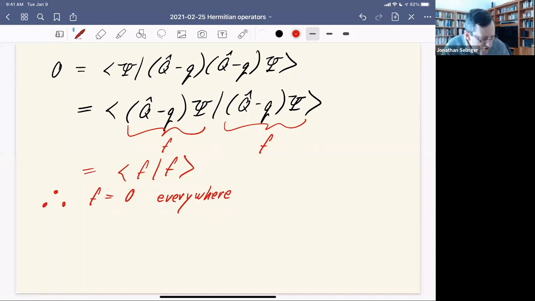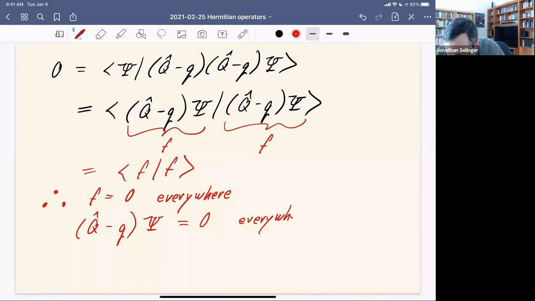But this difference, big Q minus little q acting on psi, that's F. Therefore, big Q minus little q acting on psi is equal to 0 everywhere. But big Q minus little q, well, I'll distribute that now.